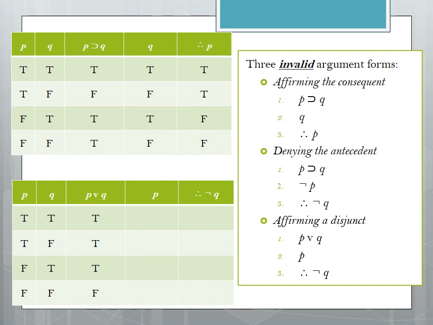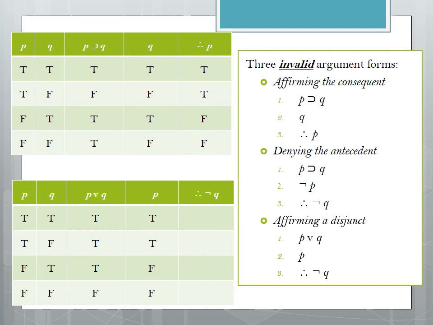The secondary premise, the minor premise, is P, so here we're just moving over directly from the base columns the truth values for P. So in the top two rows, P is true, and in rows 3 and 4, P is false. So you can see that there's direct correspondence between what we have in the P column in the base columns and now the P column as it features as the secondary premise.